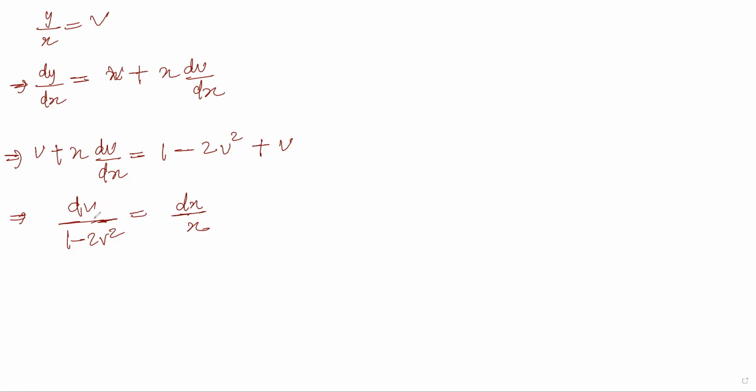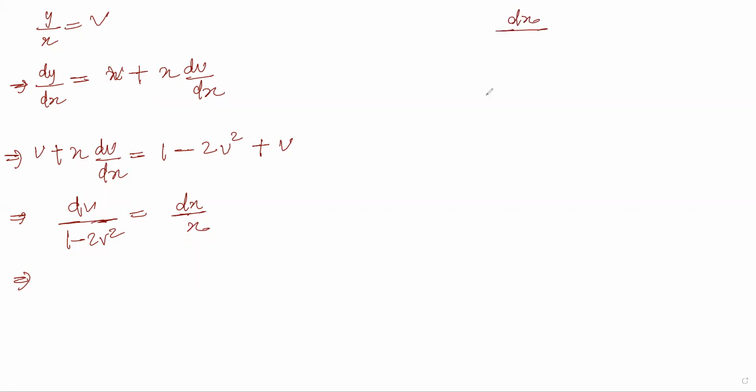And the integration of 1 upon 1 minus 2v square is? What is the formula for this? Can you just tell me what is the form?